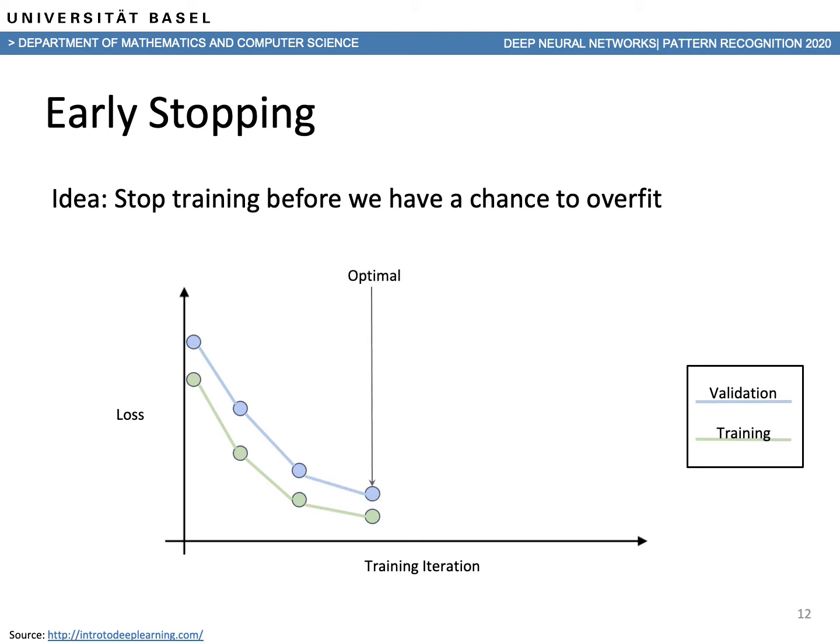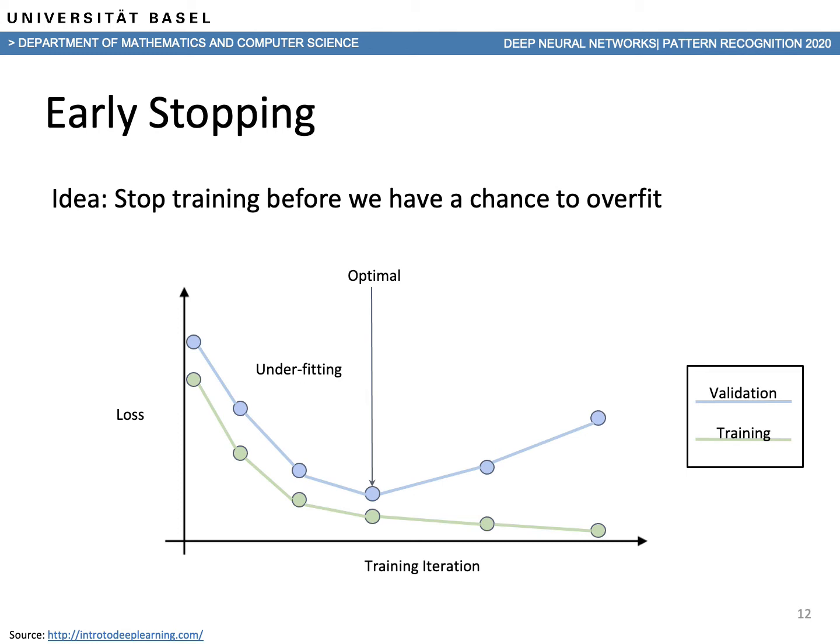Then you'll find some optimal point here. And then you can continue training, which might lead to the validation error increasing, while on the training set it would lower. So from the training side, we are overfitting to our data.